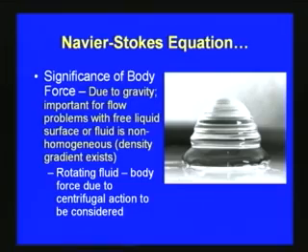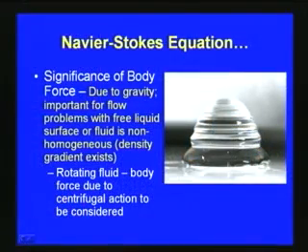Also, if there is any rotating fluid, especially in mechanical engineering, there are a number of machine parts with rotating fluids, and then the body force due to centrifugal force action also has to be considered. You can see in this slide a rotating fluid. In this case we have to consider the centrifugal action on the body force. We also have to consider these kinds of problems.